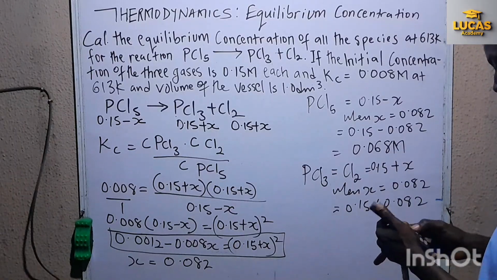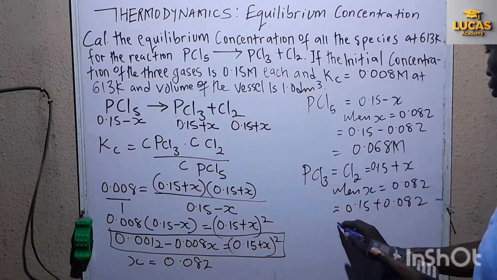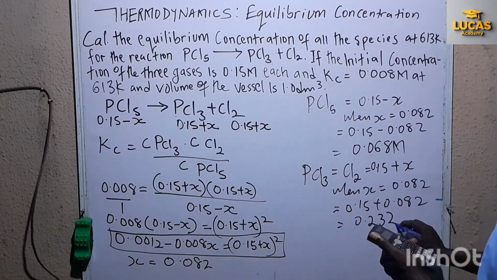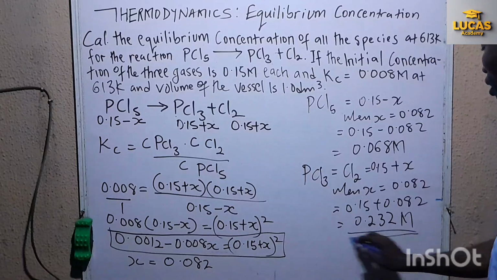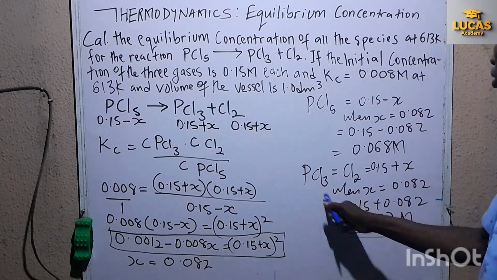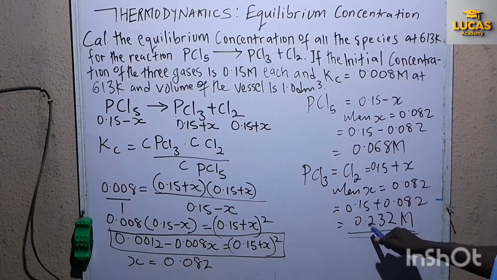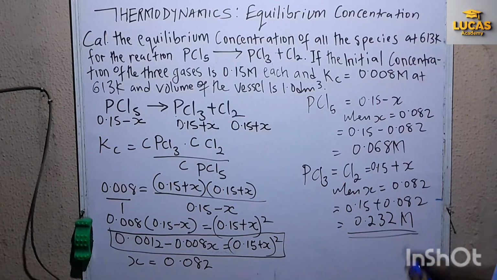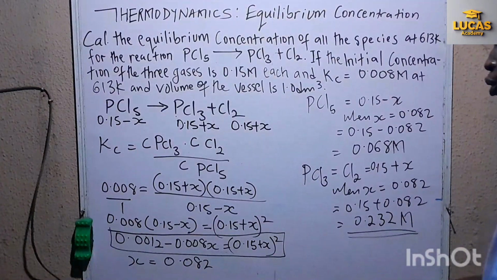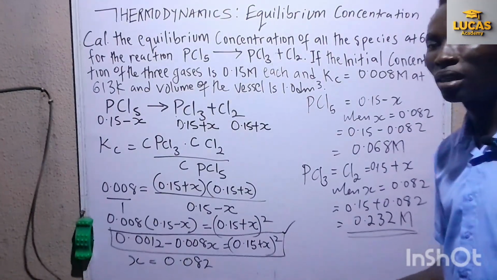When you solve by hand, that will give you 0.232 mole. So that is what the question asks you to solve. That means the PCl3 will be 0.232, also Cl2 will be 0.232. So that is what the question asks you to calculate. But it should be noted that you must use the quadratic formula to solve this problem here. Take note of that. Thank you.